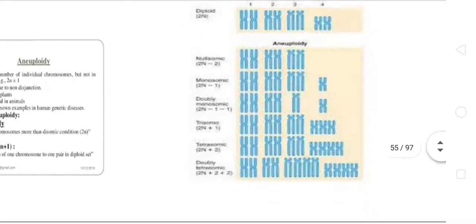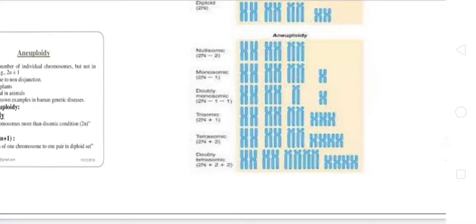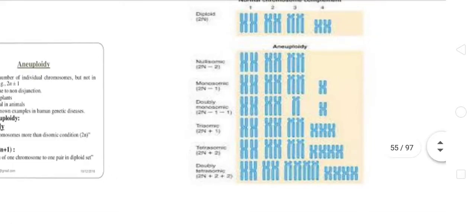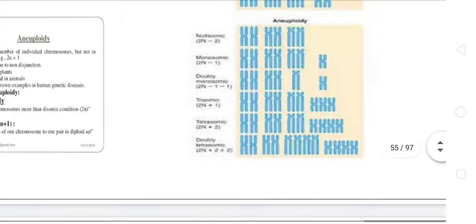And next we see the examples for hyperploidy. Trisomic. Let's see the normal chromosome. In chromosome number 4, two diploid copies are present, whereas in trisomic, in addition to the two, again one is added. So we call the name 2n plus 1. Tetrasomy, 2 are added, 2n plus 2.